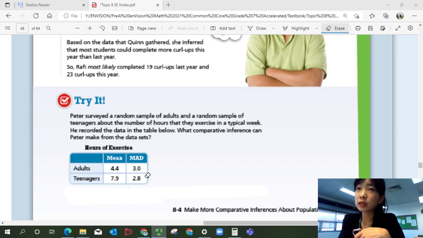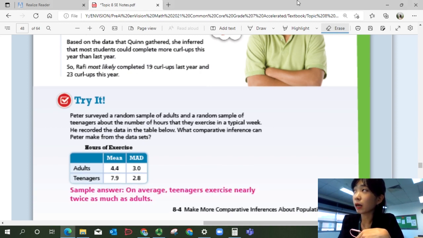So it is more likely that a teenager would get more hours of exercise when they're a teenager versus when they become adults. So one simple inference you can make is that on average, teenagers exercise nearly twice as much as adults.